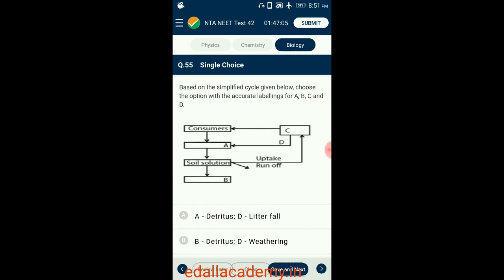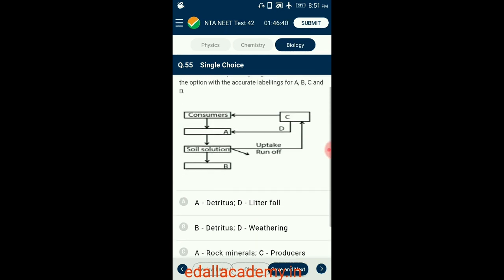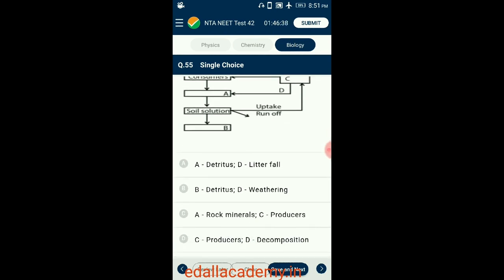Based on the simplified cycle given below, choose the option with accurate labeling for A, B, C and D. This is rock, which contains phosphorus in the form of phosphates. When rocks are weathered, minute amounts of these phosphates are dissolved in soil solution and are absorbed by the roots of the plants.